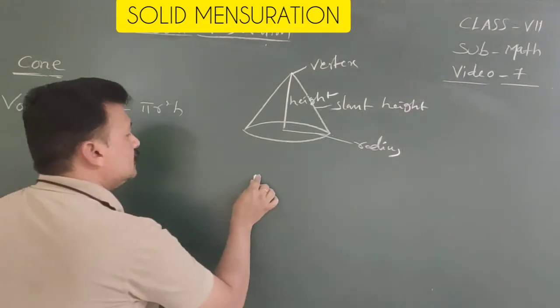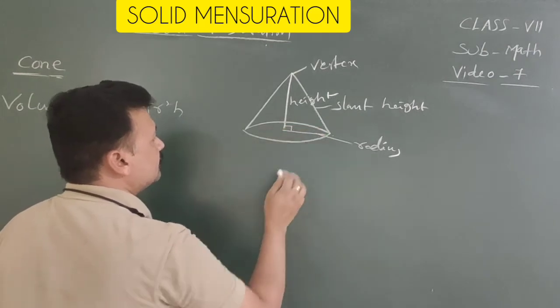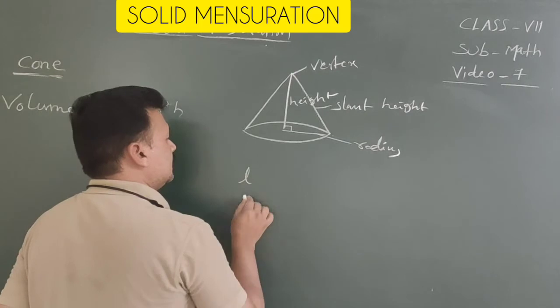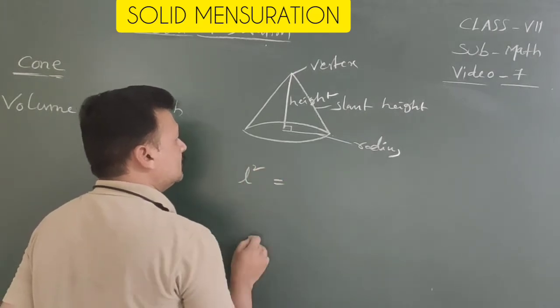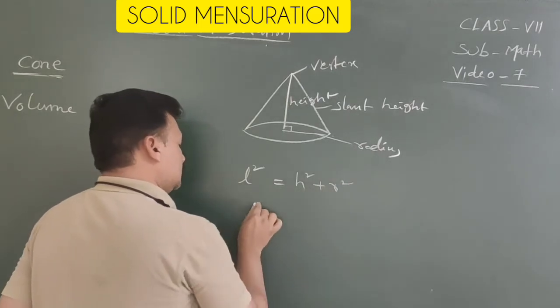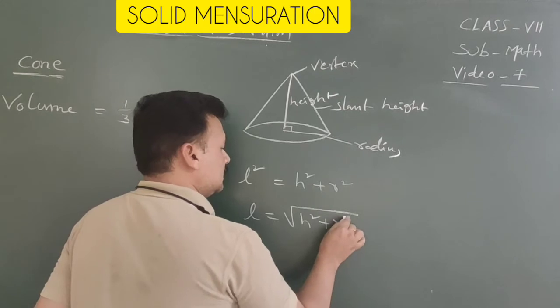Now, there is a relation between slant height and radius of the cone. Slant height L square, the hypotenuse square, equals h square plus r square. So L is the square root of h square plus r square.